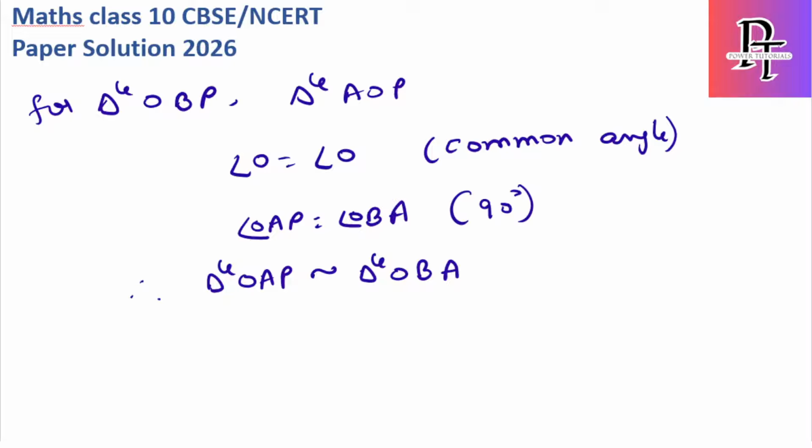Okay, so we got the two triangles. If these two triangles are similar, let's mark it here so that we can use the corresponding ratios to get the right answer.